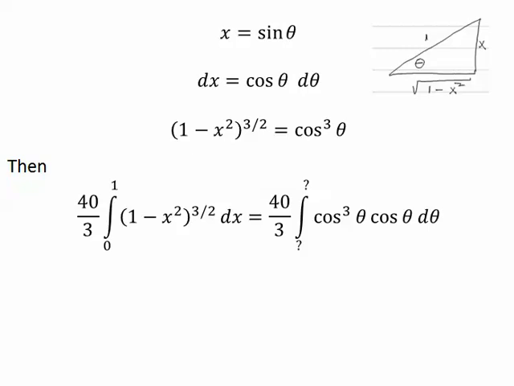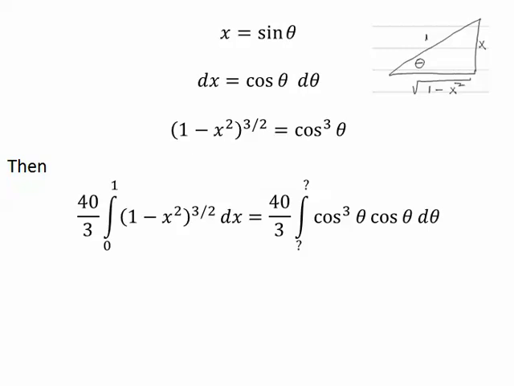All right, so next we need to think about our bounds. We've discovered that 1 minus x squared to the 3 halves is cosine to the 3. We found out that dx is cosine theta d theta, and the 40 over 3 just gets transferred.